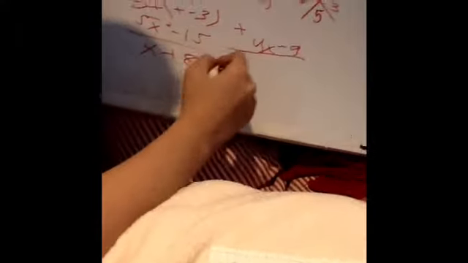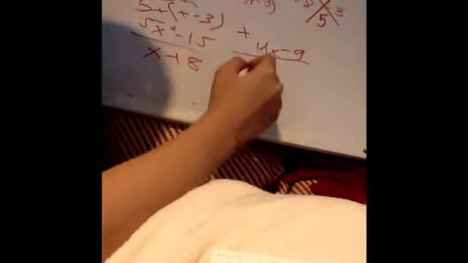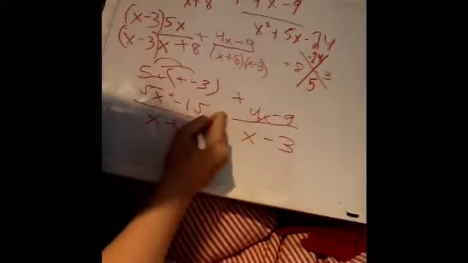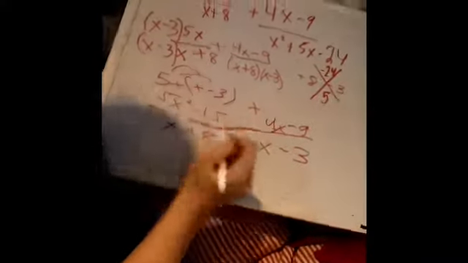And then 5x squared, and then the same common denominator, on the bottom is x plus 8 and then x minus 3. You can just do one big one. Okay, so once we have that, we want to combine the top, the like terms.